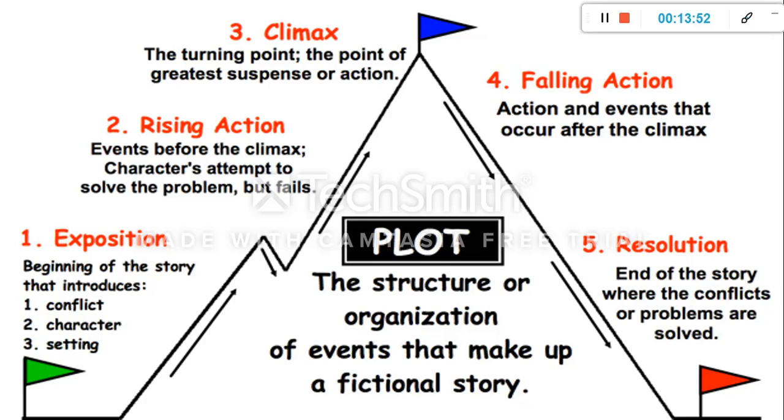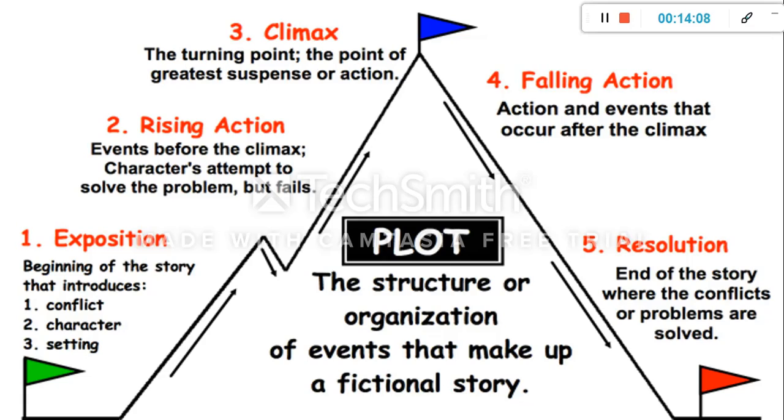After the climax, we have the falling action. The falling action follows the climax, which is just the opposite of the rising action.